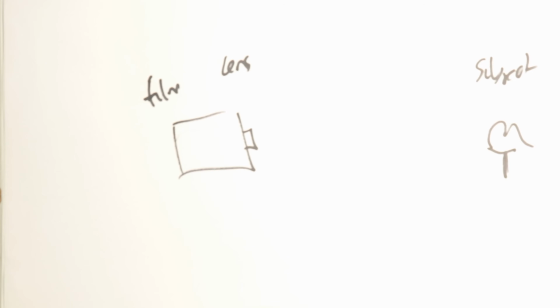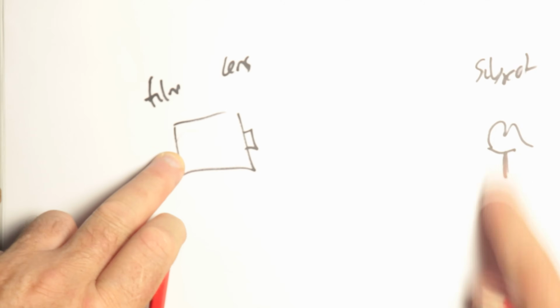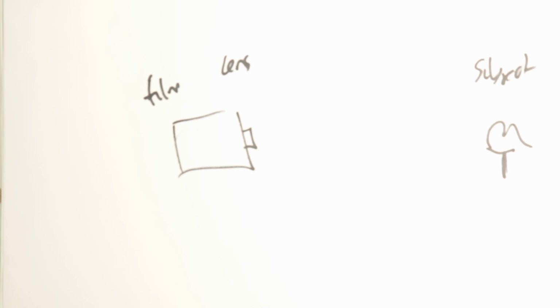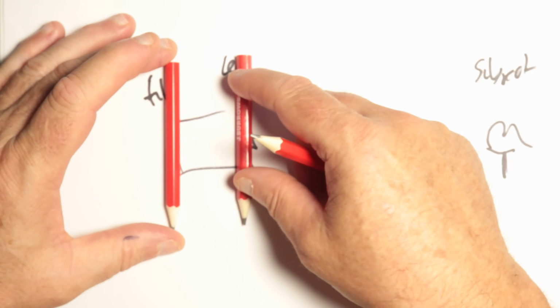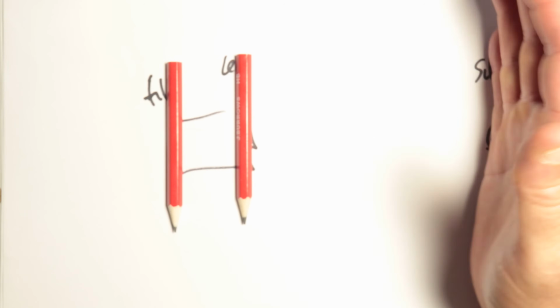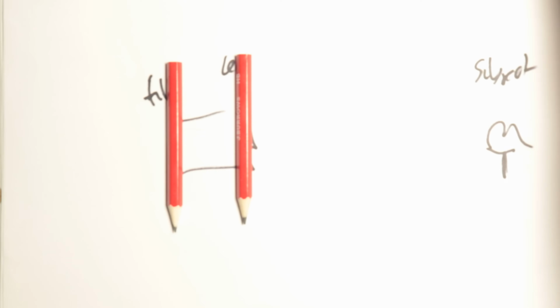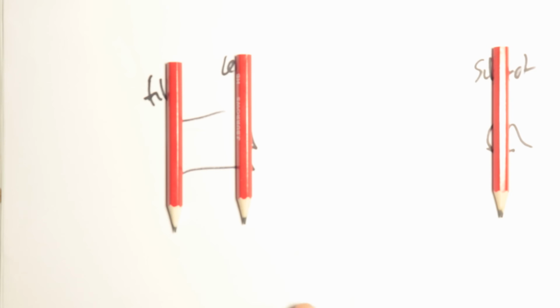Okay, Scheimpflug works by, we have a camera with a film plane or a sensor plane and a lens, and we have a subject out here. In most cameras, the film plane and the lens plane are parallel. And the Scheimpflug principle says that the plane of focus, the film plane and the lens plane all meet at a point.